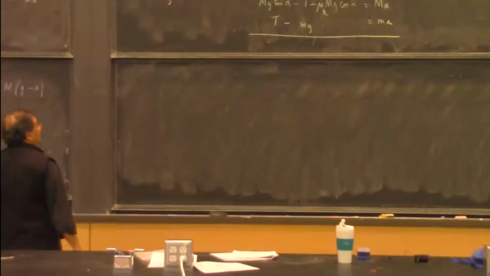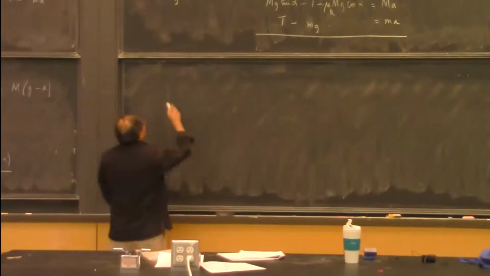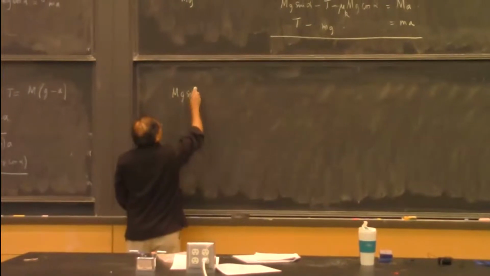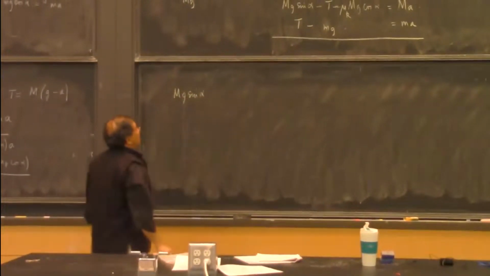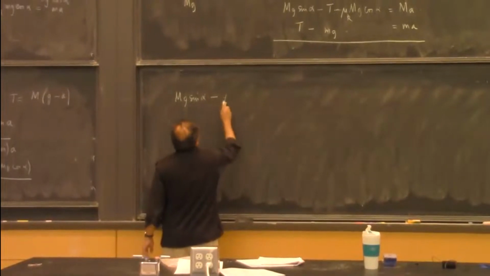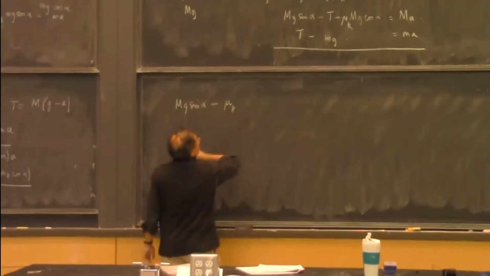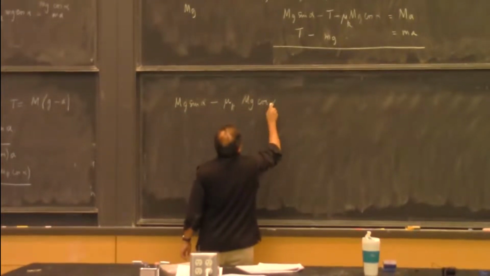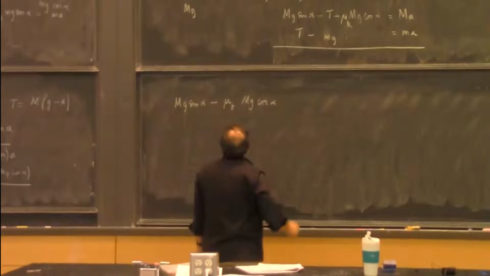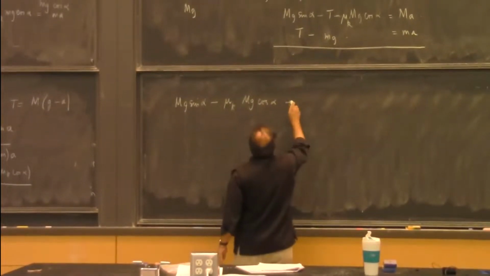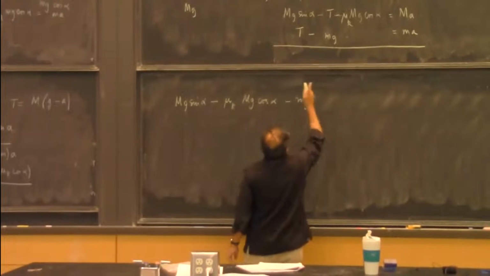So if I add the two, I would be looking at the following. I would have big Mg sine of alpha, okay, minus T minus mu k. T goes away, so we can drop that. Mg cosine of alpha, okay, minus small mg now, because I'm adding both things.